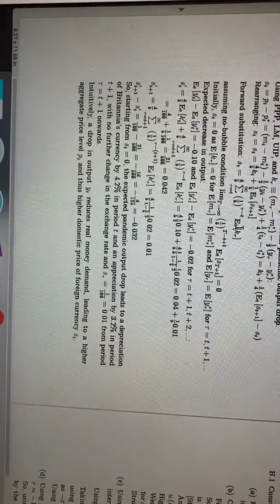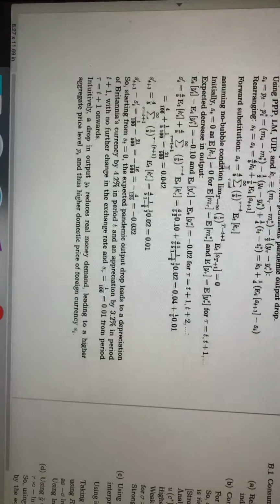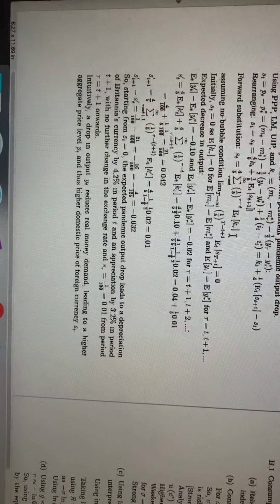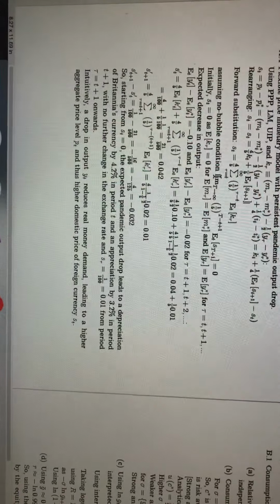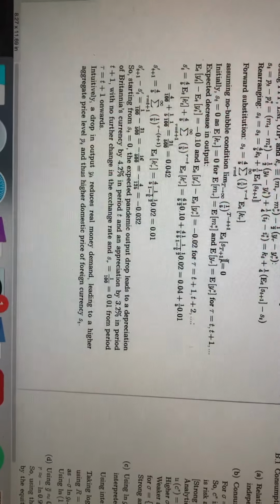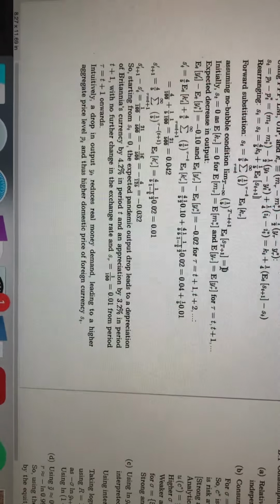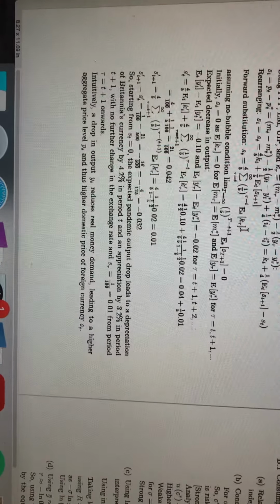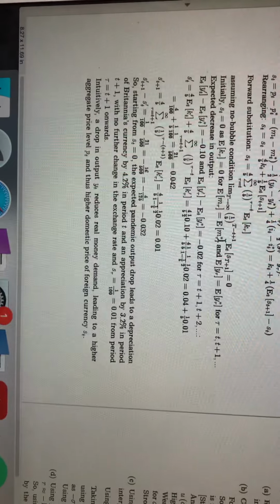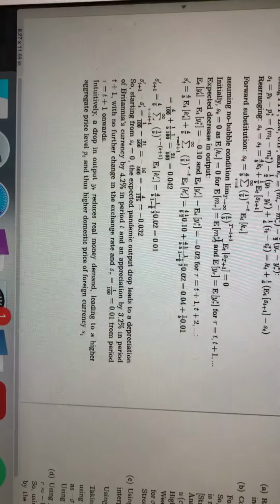into the future, we are going to get this term in the end, and also the no bubble condition. When that is applied, we are going to get this term only. So notice a few things here.